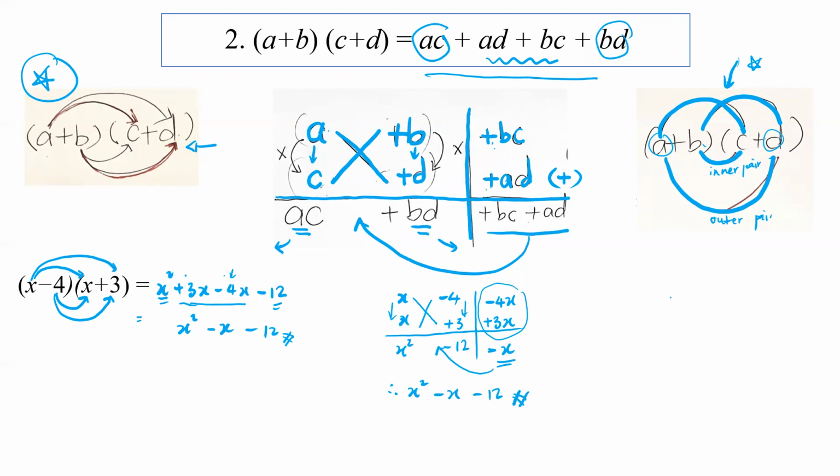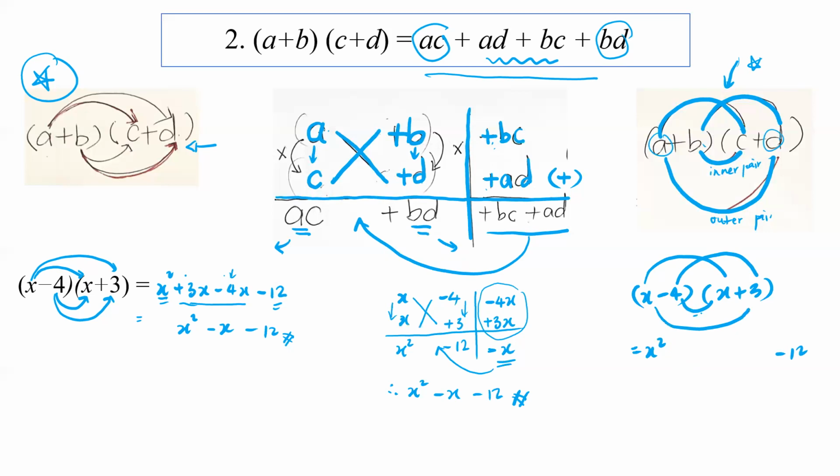What about the third method? The third method, also the same thing, x minus 4, x plus 3. We draw first with the first, that is x squared, and then second with the second, which is negative 12. And then the one in the middle is contributed by finding the inner pair and the outer pair.